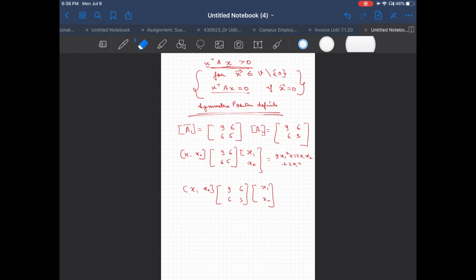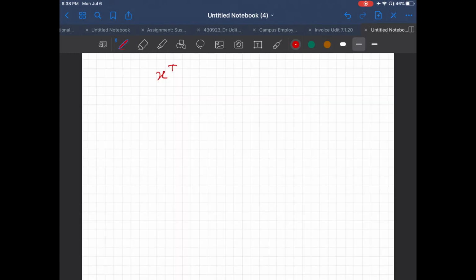Now when we go back to the dot product, we write the dot product as x transpose y, and in that case, if we expand it using A, we can write this as x transpose A y, and A in that case is the matrix [1 0; 0 1].